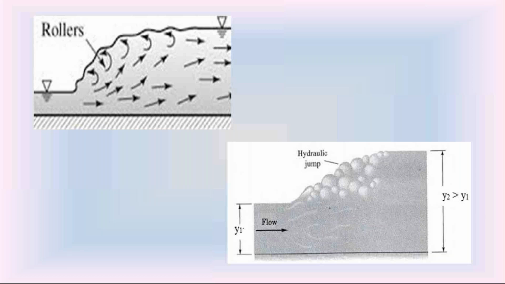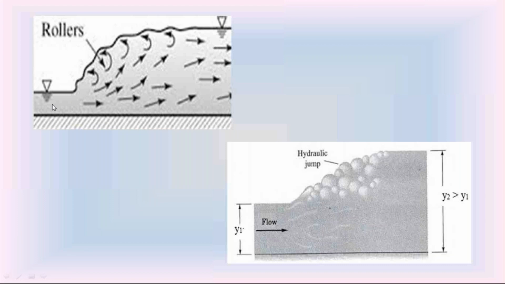In the supercritical flow, high kinetic energy. In the subcritical flow, lesser kinetic energy. When the energy is changing from high value to low value, there is a loss of energy. Due to that loss of energy, here we have this rotational flow of water in the hydraulic jump. The rollers are rotational flow. So here the flow is supercritical flow, whereas on the downstream, the flow is subcritical flow.